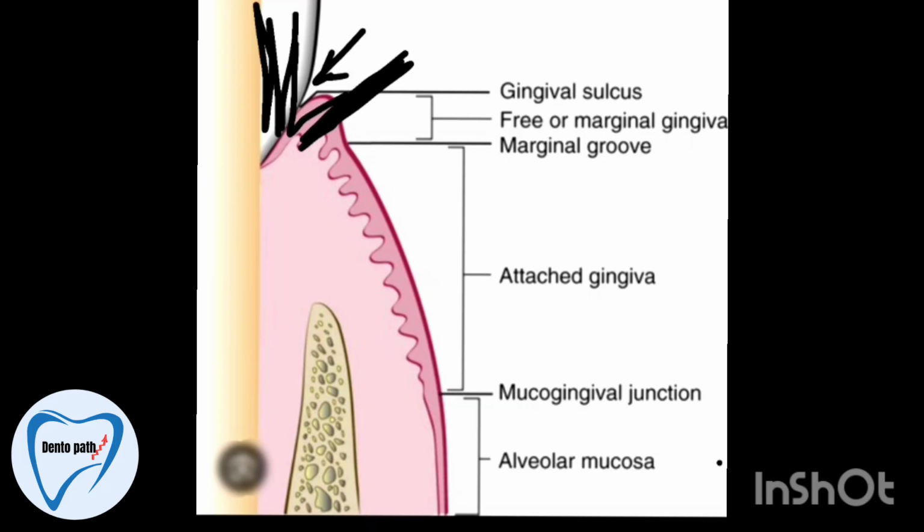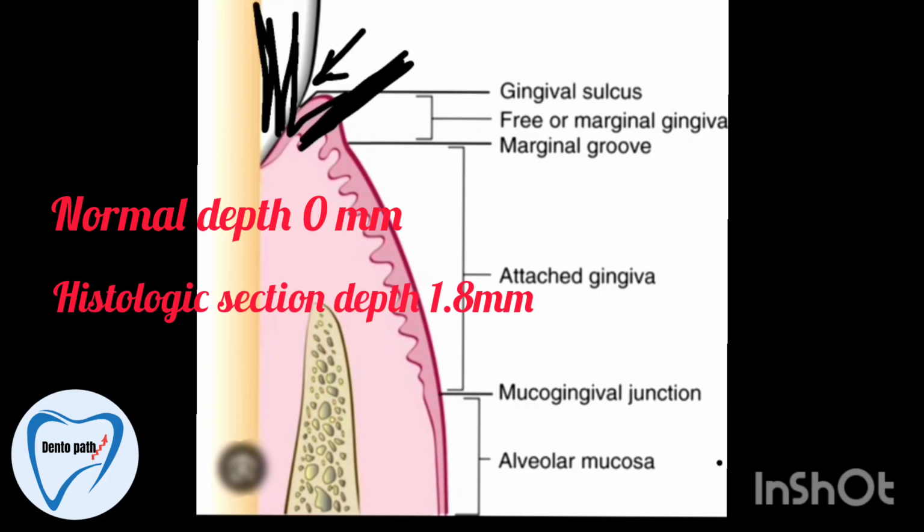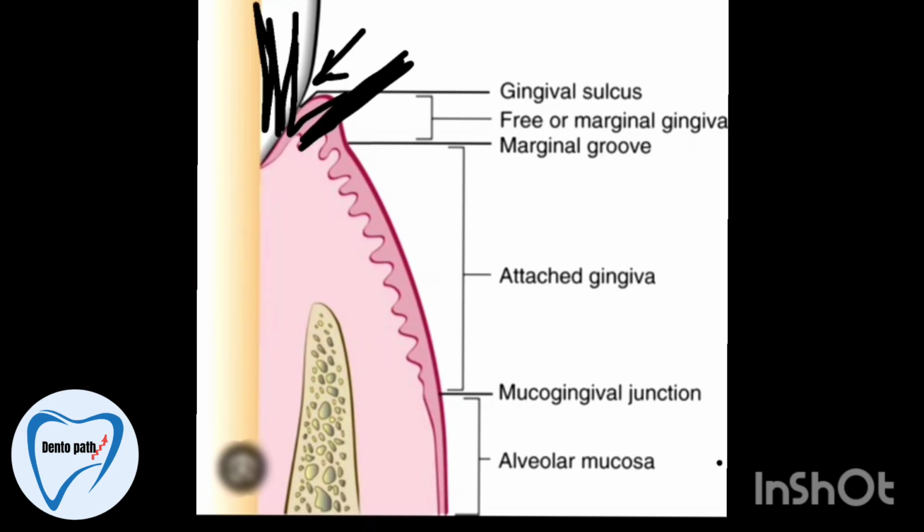Its normal or ideal depth is 0 mm, but in histological section it is reported as 1.8 mm, and during probing, when we insert the probe, the probing depth in clinically normal gingiva is 2 to 3 mm.